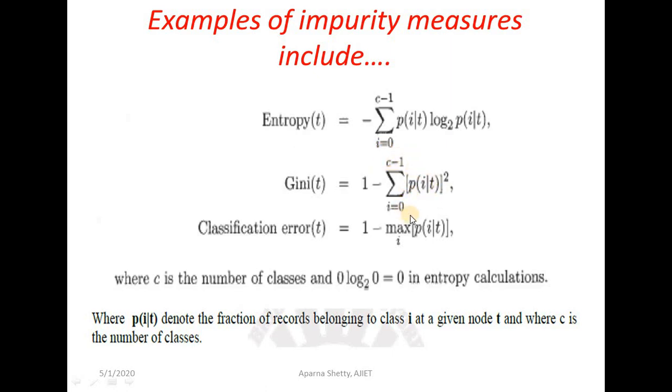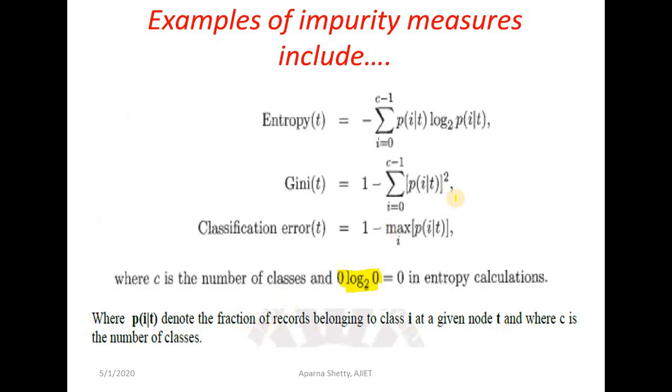We have already seen what P of i given t is. Also, in entropy calculations, you have to remember that 0 times log to the base 2 of 0 is equal to 0. P of i given t denotes the fraction of records belonging to class i at a given node t, and c is the number of classes.